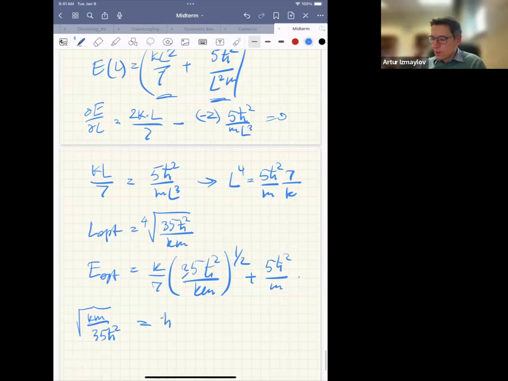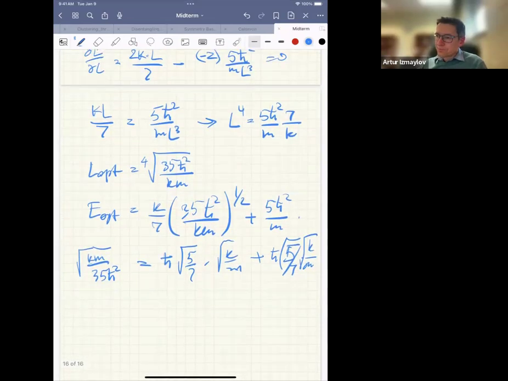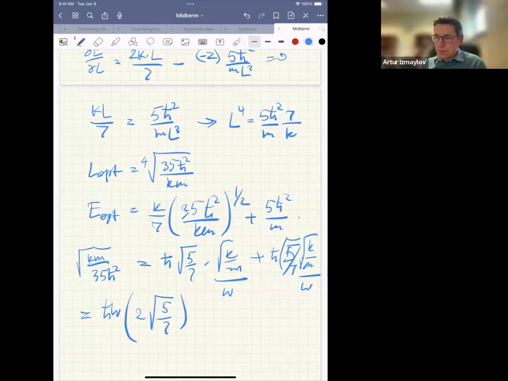And the answer becomes actually quite nice. You have h bar times the square root of 5/7 times the square root of k over m in the first term, and the same in the second term. And the total energy is h bar omega, because this is omega, h bar omega multiplied by 2 square root of 5 divided by 7.